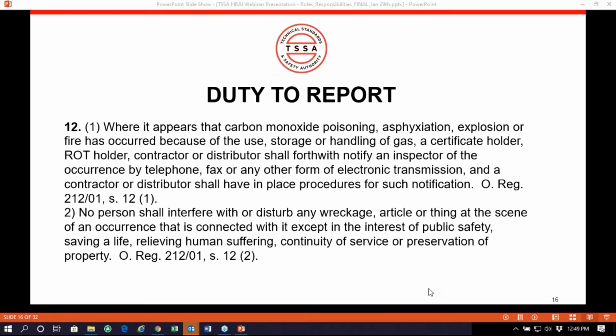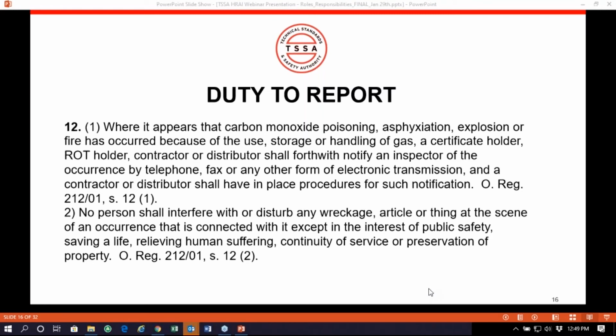The second part of that is no person shall interfere with or disturb any wreckage, article, or thing at the scene of an occurrence connected with it, except in the interest of public safety, saving a life, relieving human suffering, continuity of service, or preservation of property. If you have to disturb something, there are a couple of things.